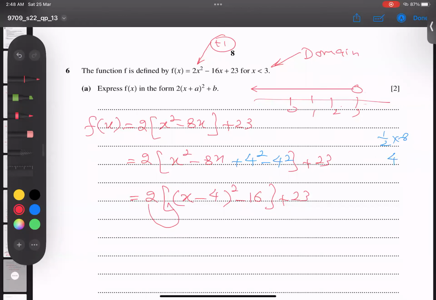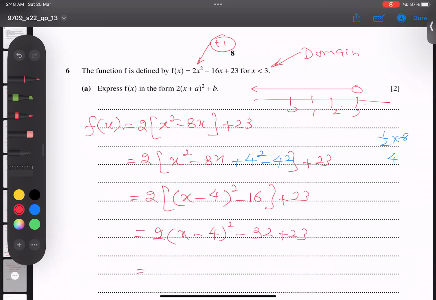So these two multiply here, and this two multiply with 16. And if I multiply with the bracket, it is giving us 2 times x minus 4 whole square, and minus 32, and plus 23.